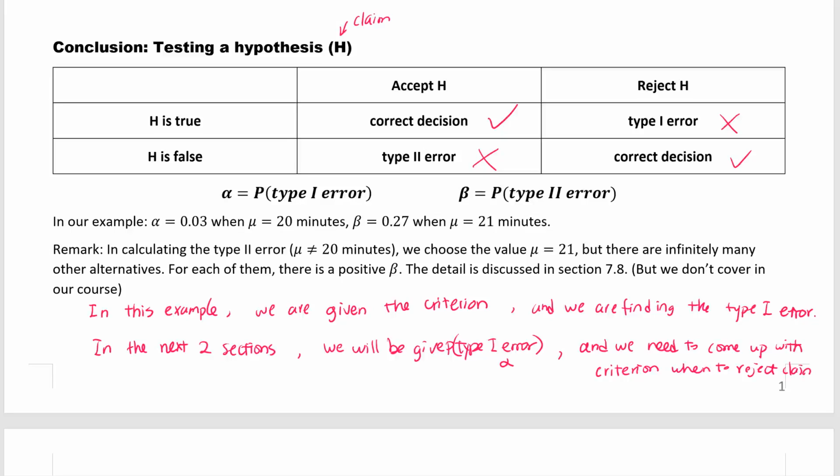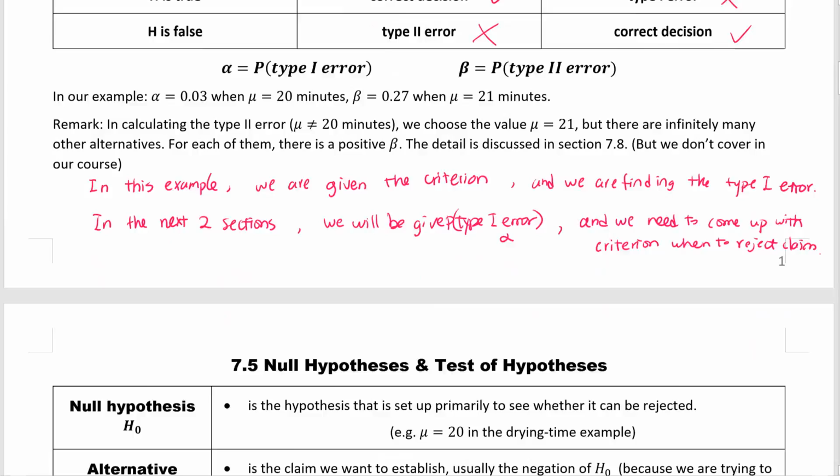So this is like a decision making test of hypothesis. All right, so that is 7.4.